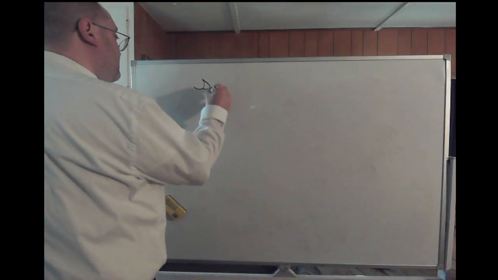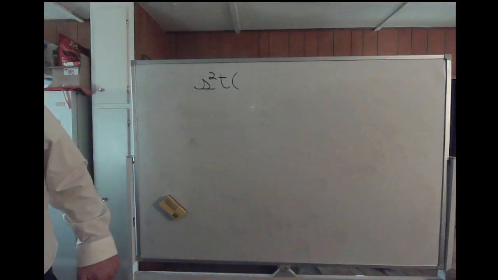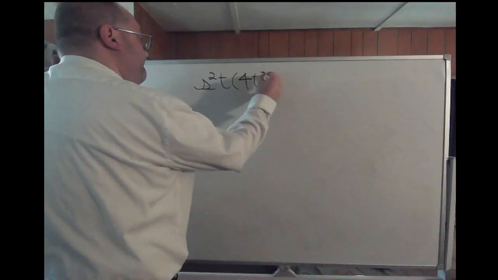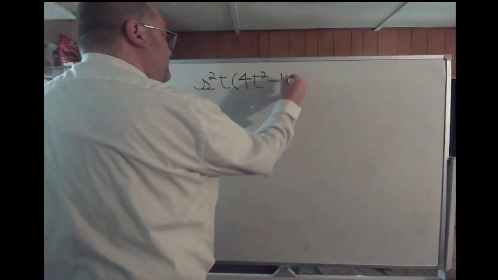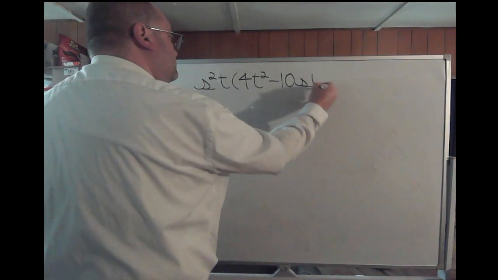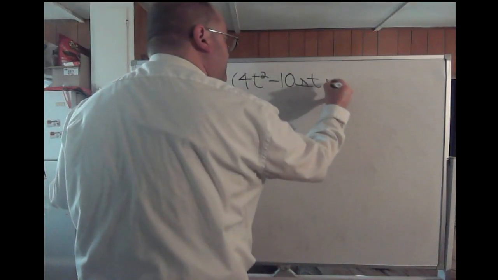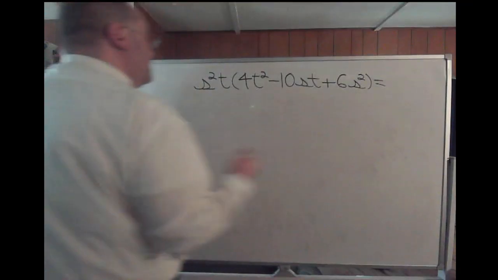Let's do one more example here. Well, we have s squared t times the quantity of 4t squared minus 10st plus 6s squared.